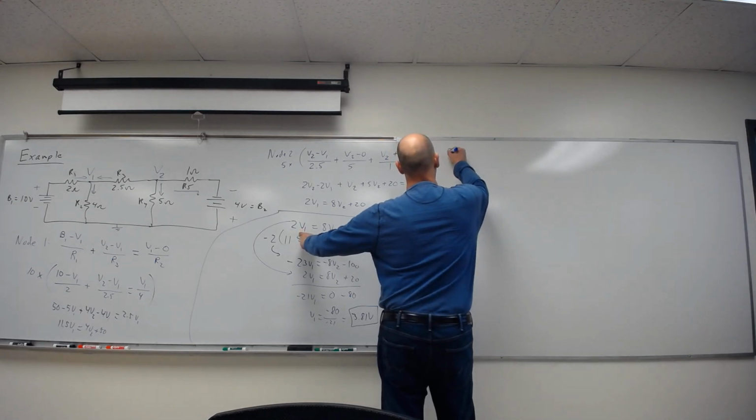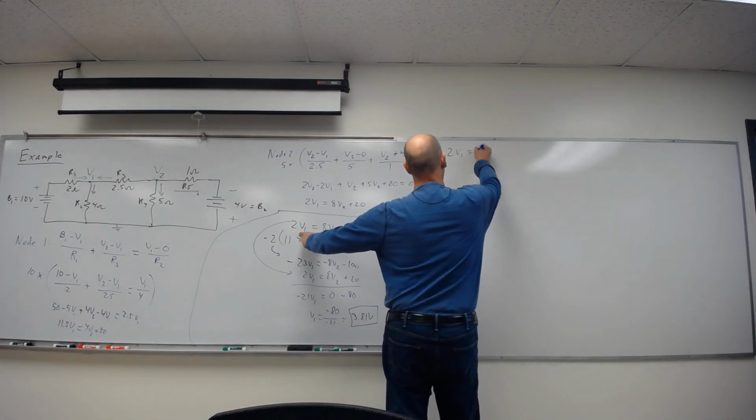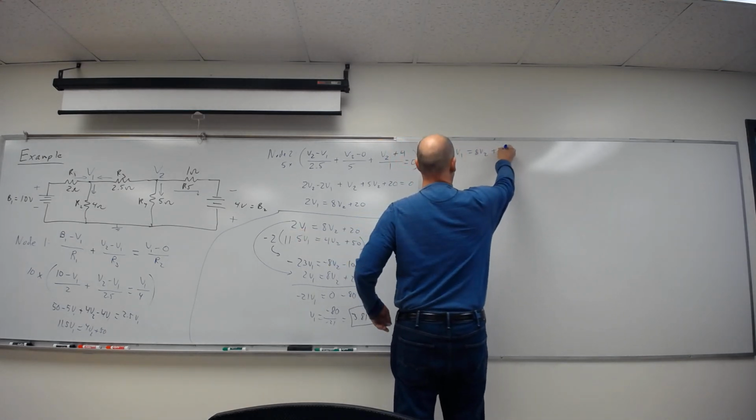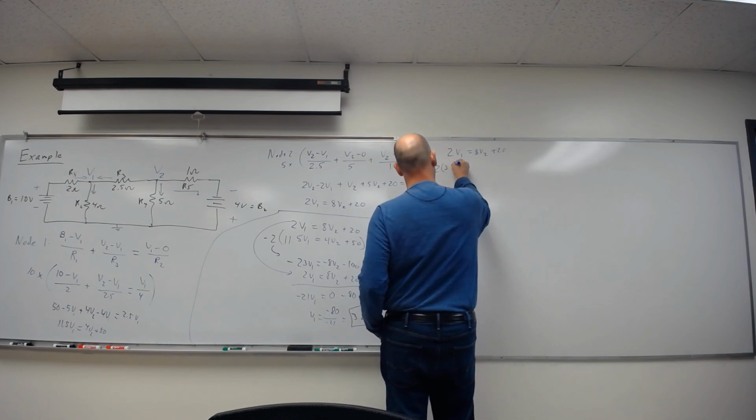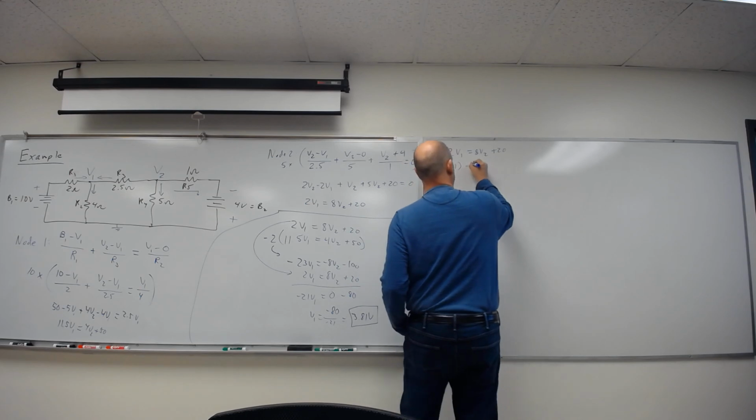I'm going to take my equation, 2v1 equals 8v2 plus 20. I'll put 3.81 in. I'm going to bring 20 over.